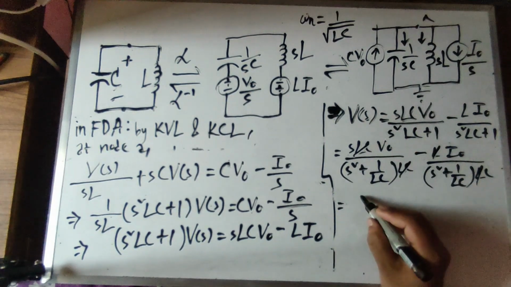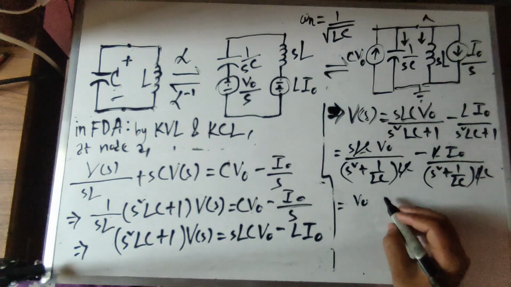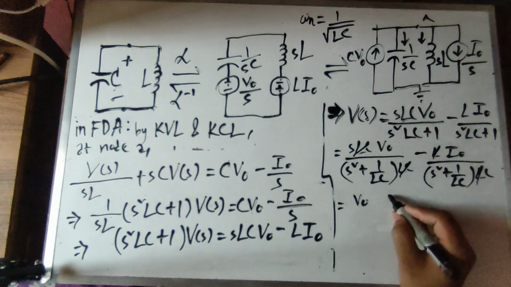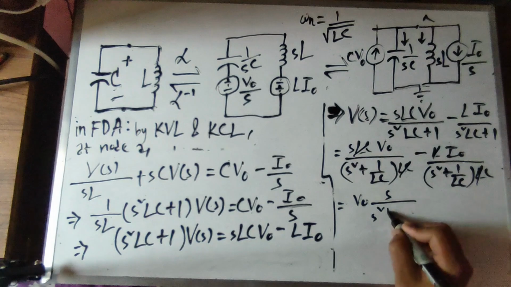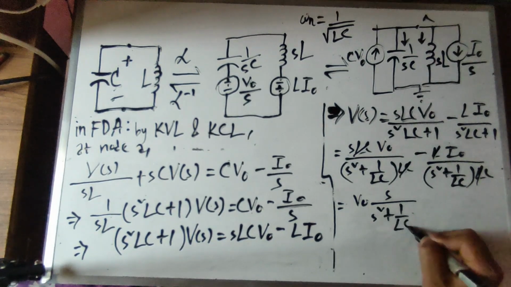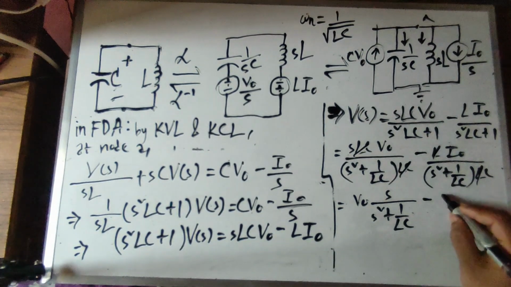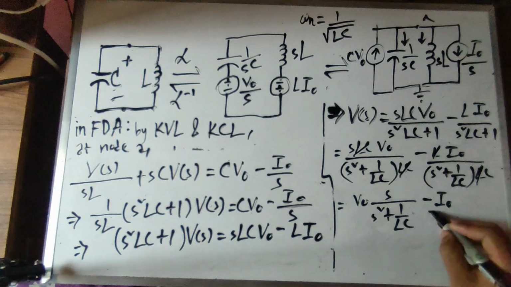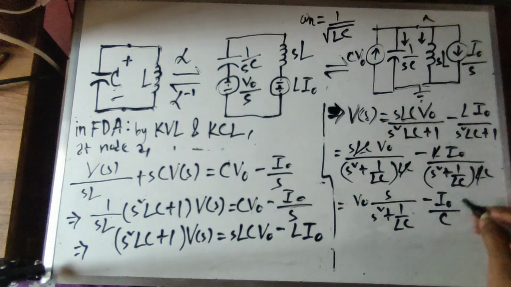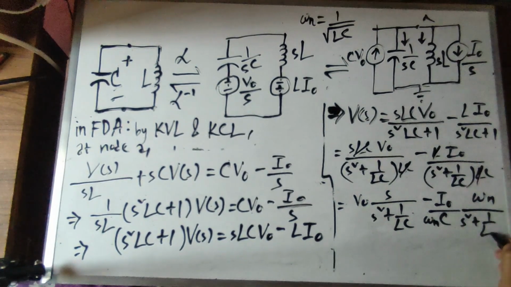So V0 s by (s squared plus 1 by LC) minus I0 by C, and taking an omega n extra, omega n by (s squared plus 1 by LC).